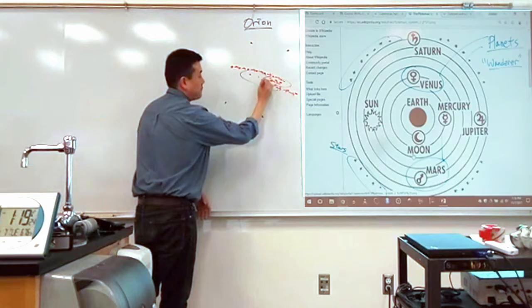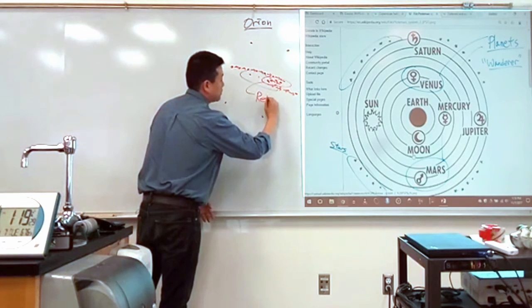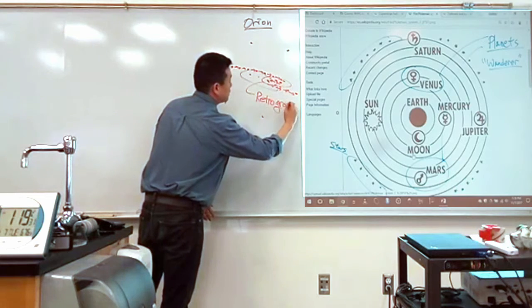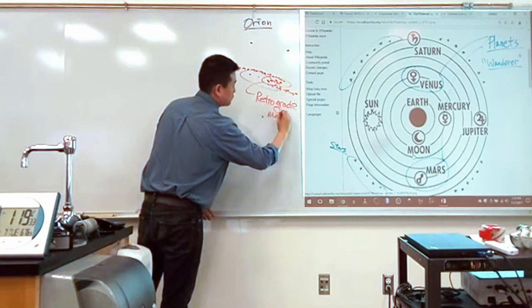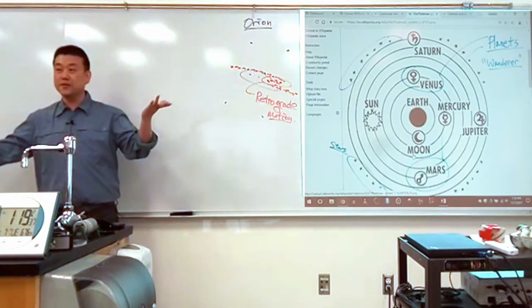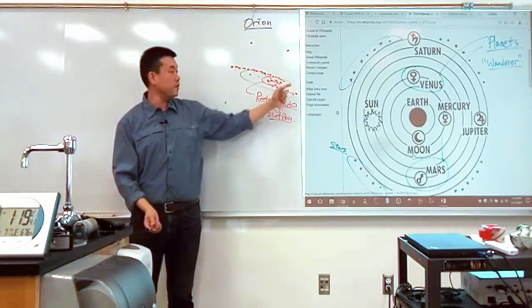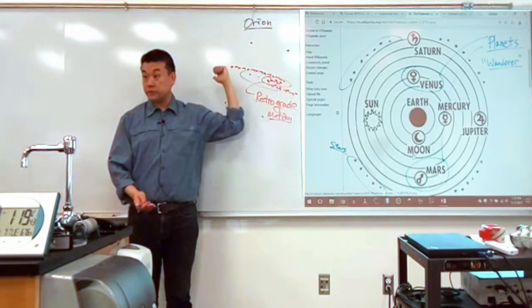This is given a name. In case you are interested, look it up. It's called retrograde motion. It's called retrograde for the same reason that if a fashion is retro, it's like backward. So if this is the normal forward motion, then this is a backward motion.